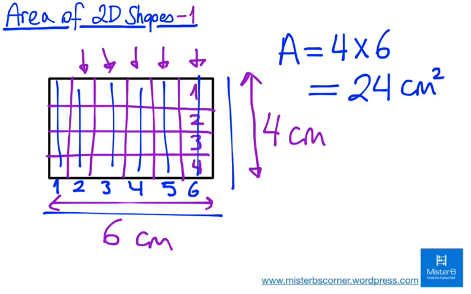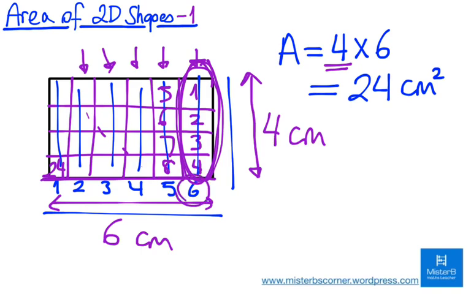So instead of counting 1, 2, 3, 4, 5, 6, 7, 8, and so on up to 24, I just count 1 column, which has 4, and then I find out how many such columns there are, which is 6. So I multiply them. Actually, I'm counting fast with multiplication, and I find the area of the rectangle as 24.